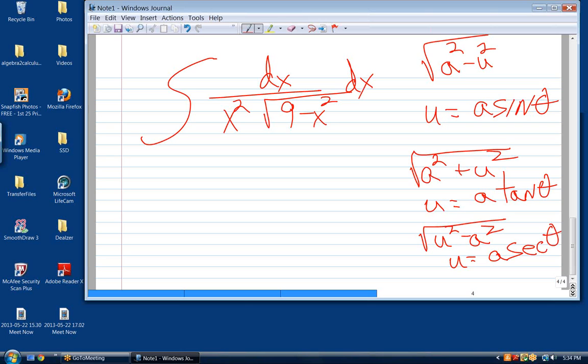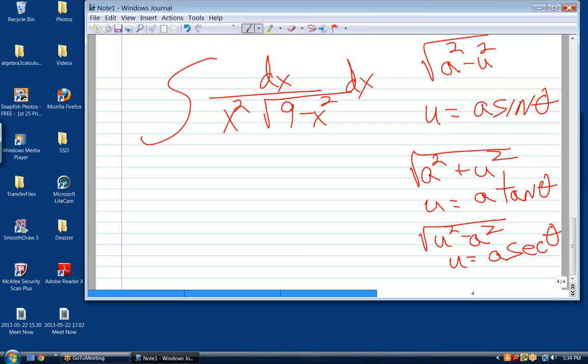At this point, I would suggest that you not try to understand why, and that you just memorize these rules. It will become apparent at some point when you do some of these why this works.